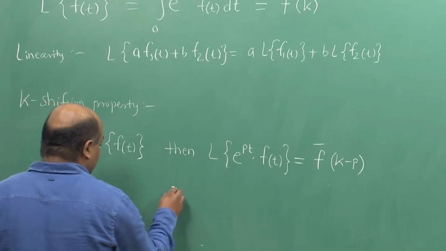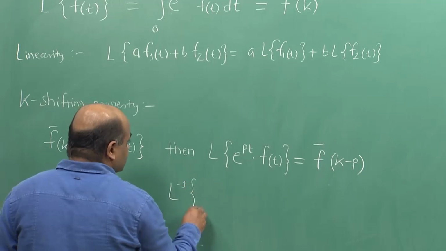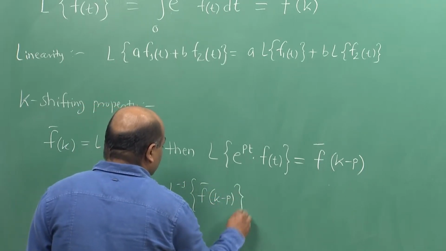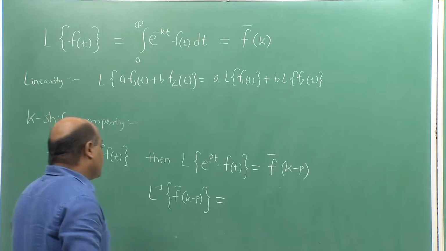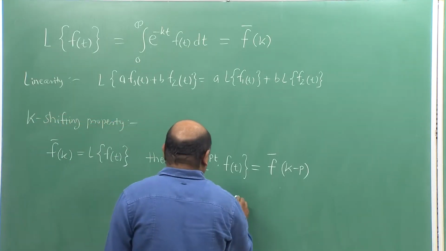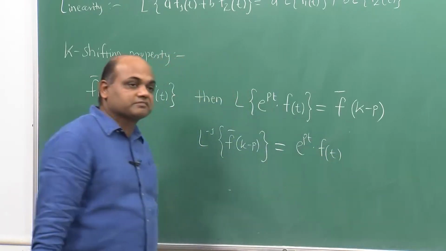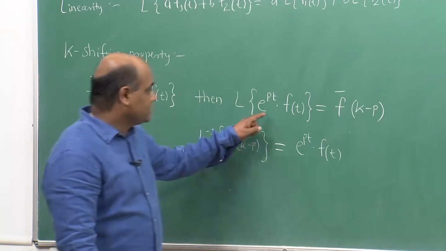If we take the inverse, L inverse of f bar of k minus p will be equal to e to power p t times f of t. We can prove this.